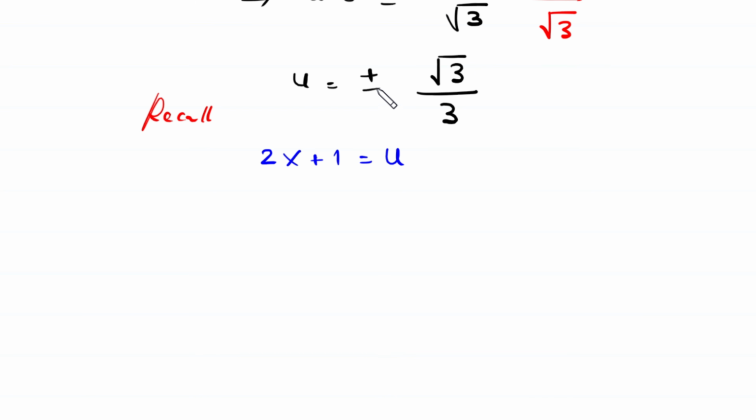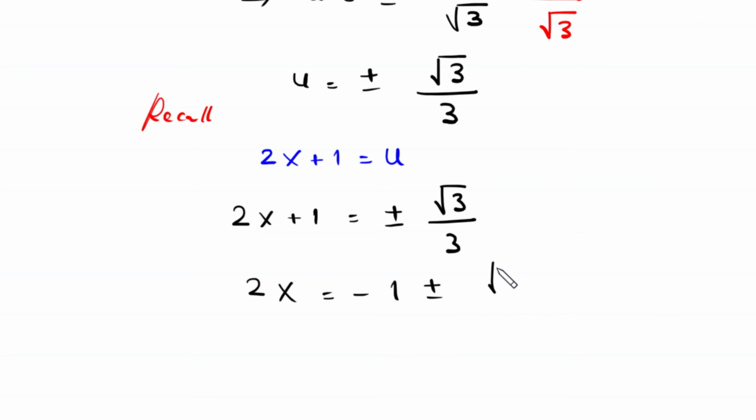Since u is plus minus root 3 over 3, 2 times (x plus 1) equals plus or minus root 3 divided by 3. Move this 1 to the right hand side: 2x equals negative 1 plus minus root 3 divided by 3. If we divide both sides by 2, x is equal to negative 1 over 2 plus minus root 3 over 6.